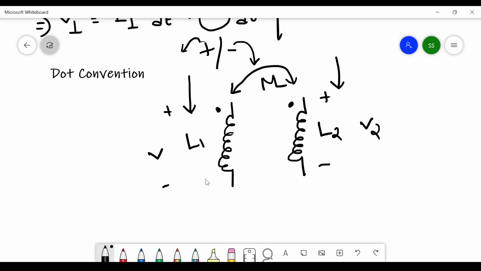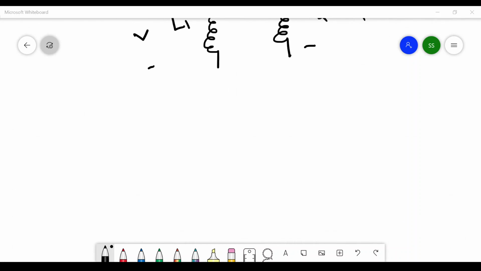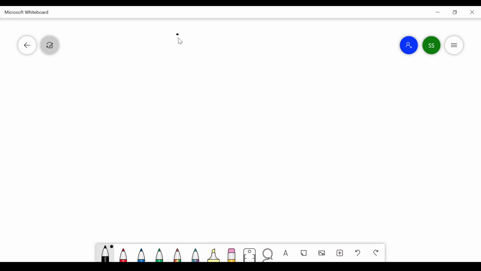So let us again draw this. First, let me clear the canvas. Let's say this one is the first inductor and this one is the second inductor.